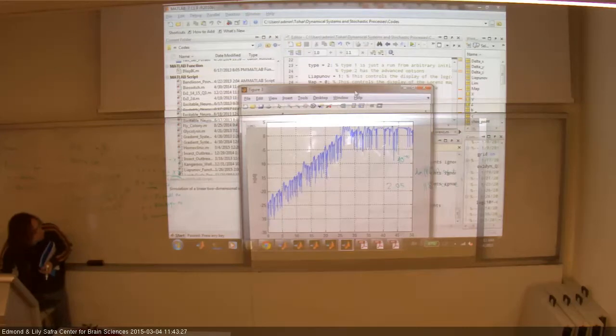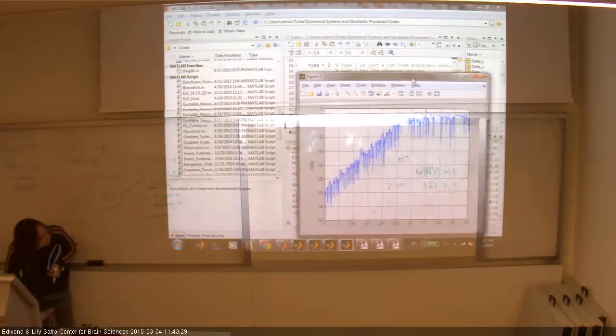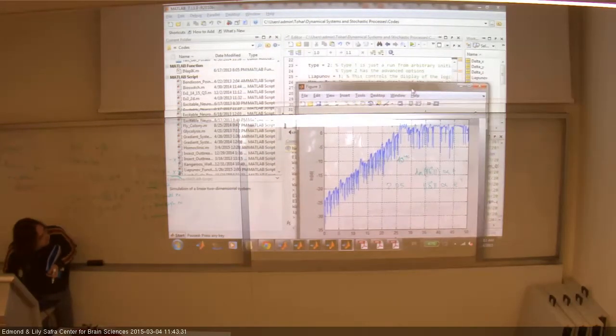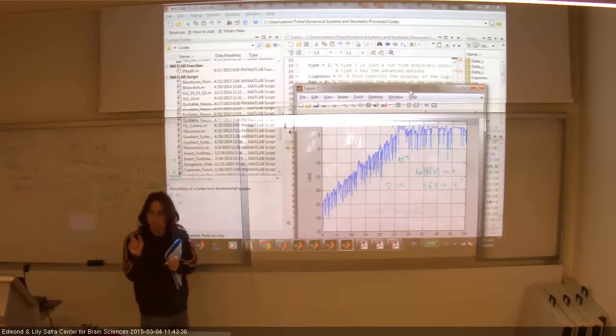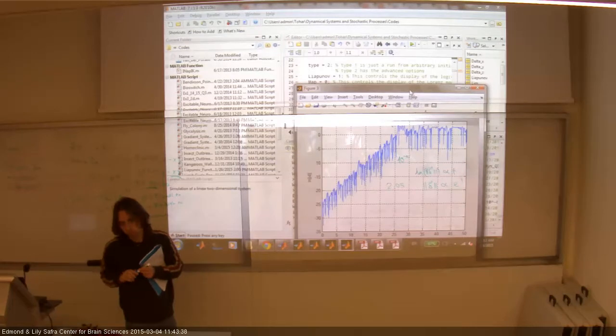Isn't delta the initial condition? No, delta is the difference between the two initial conditions. How are you measuring the difference? Is it like Euclidean distance?